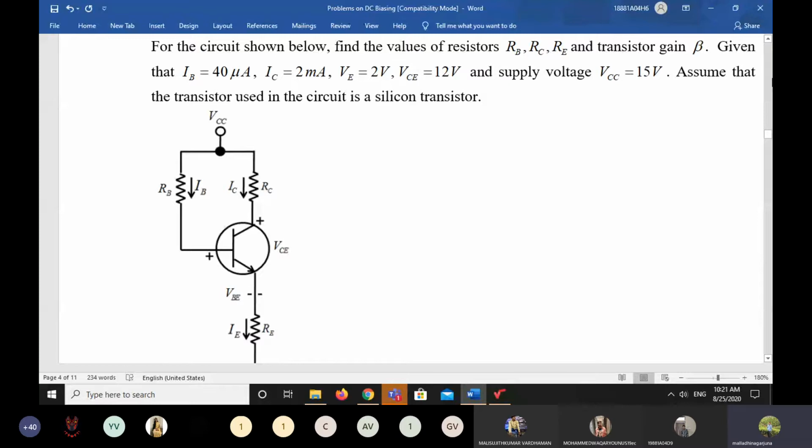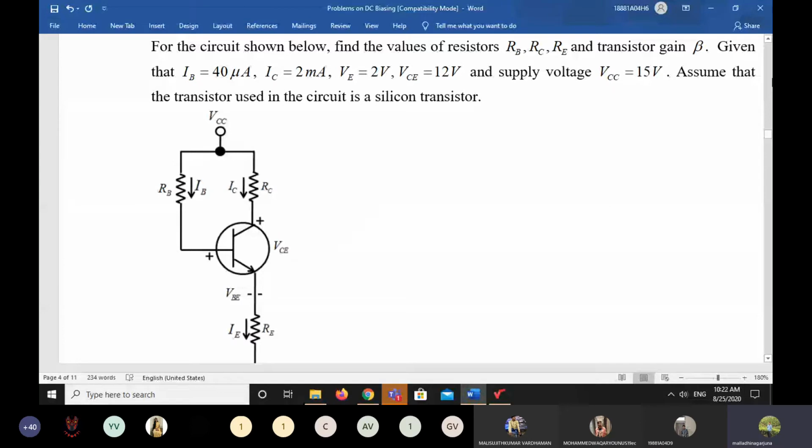Here we also need to calculate the transistor gain beta, so you are not supposed to assume. They are asking us to find the values of the resistors RB, RC, RE, and the transistor gain beta, given IB, IC, VE, VCE, and the supply voltage VCC.